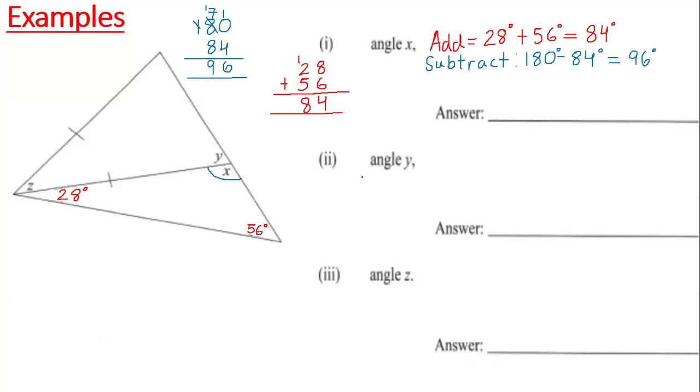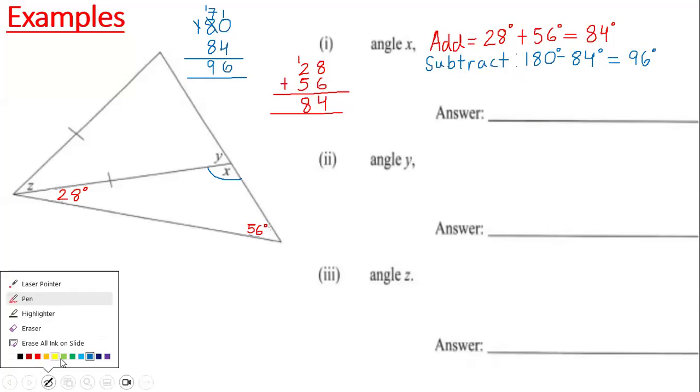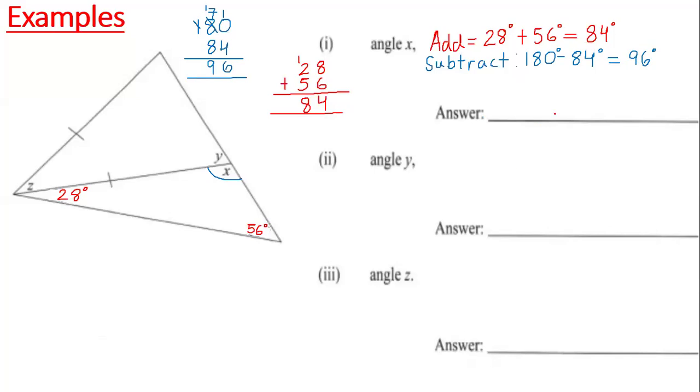And so here we have X is equal to 96 degrees. All right. How many persons got 96? Let me know, please. Perfect. Now let's do part Y.